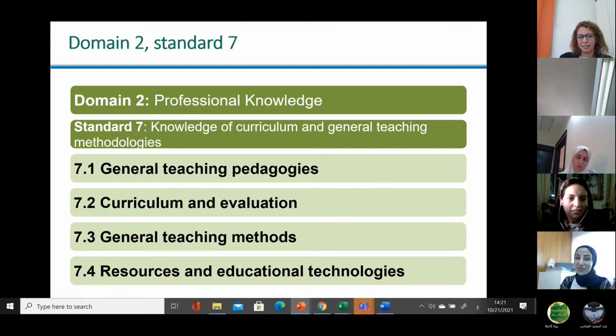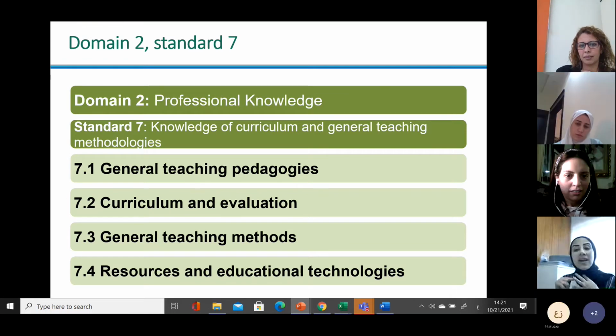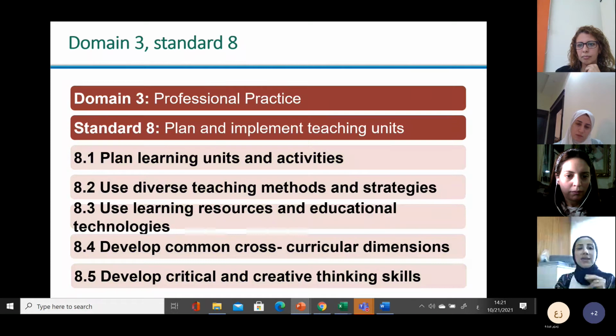In standard number 7, we're going to talk about the general teaching methods, the evaluation of curriculum, the resources and educational technology. And in standard number 8, which goes under the professional practice, we're going to talk about the planning of units and activities, using different teaching methods and strategies, using the learning resources and digital learning technology, and developing common cross-curricular dimensions. We're going to know what the dimensions are.